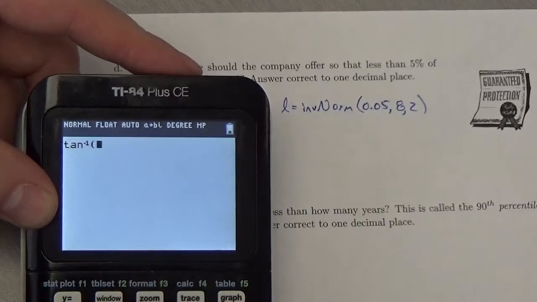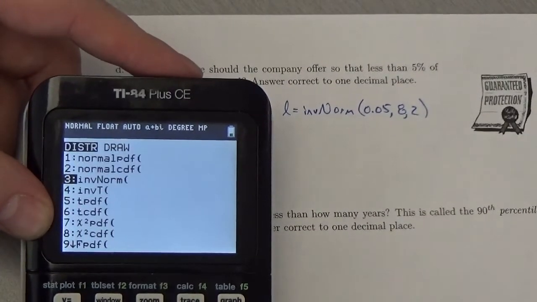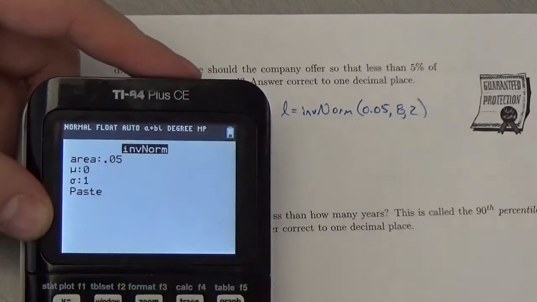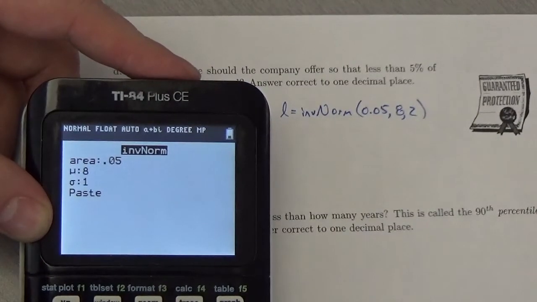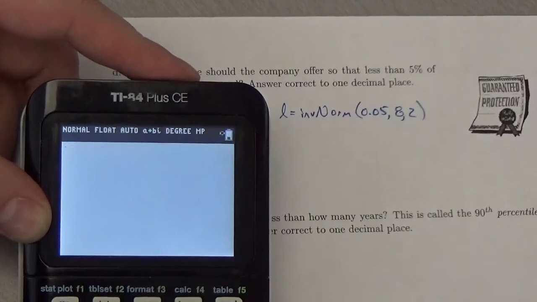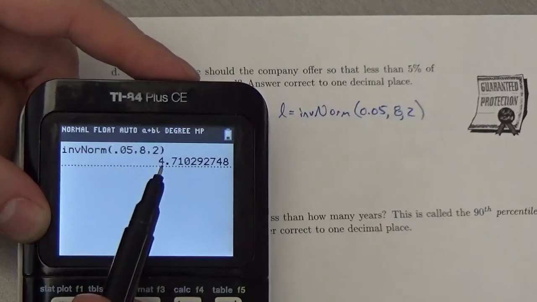So, into my distribution menu, go down to inverse norm, 0.05. There's my 5%. And remember that's up to 5%. My mean is 8. My standard deviation is 2, is what I meant to say. And now I get 4.7.